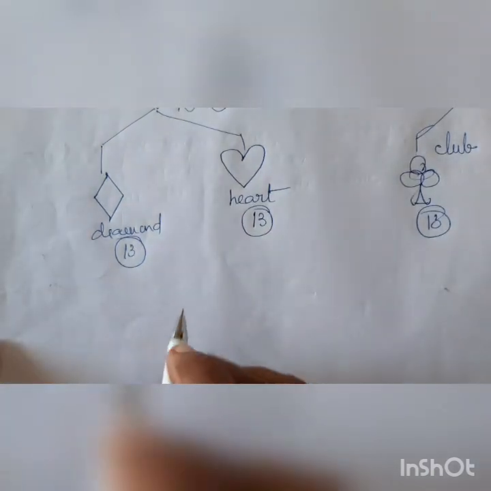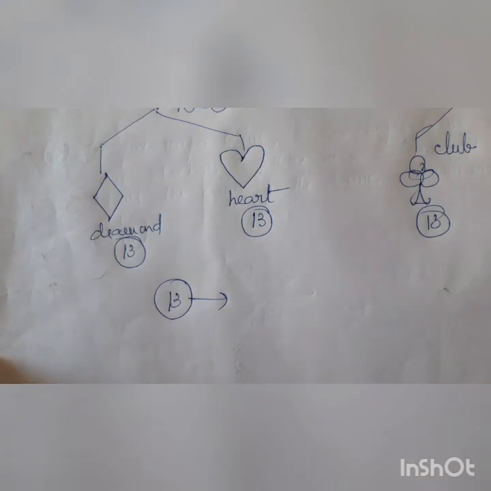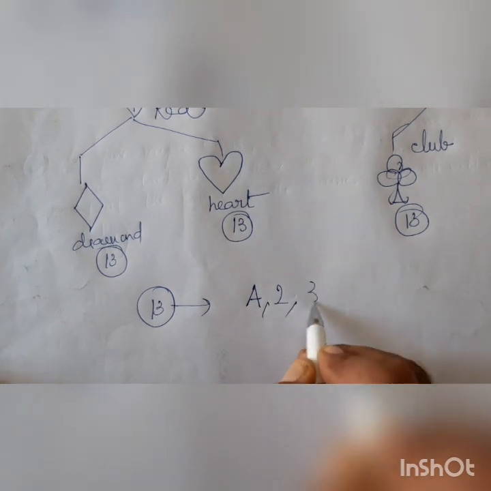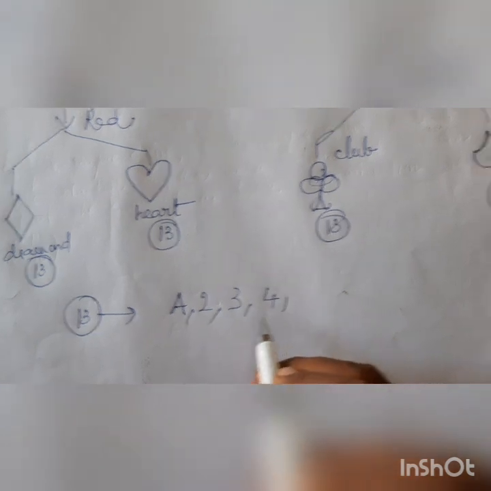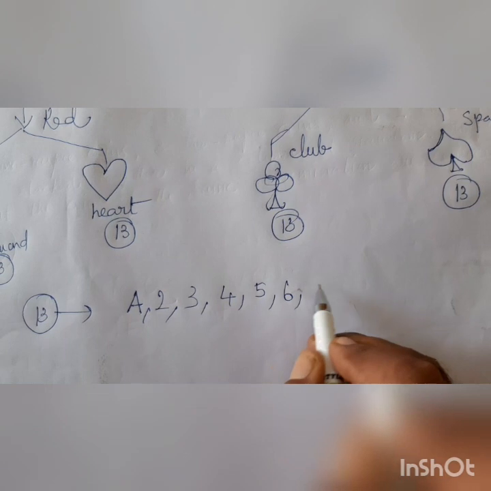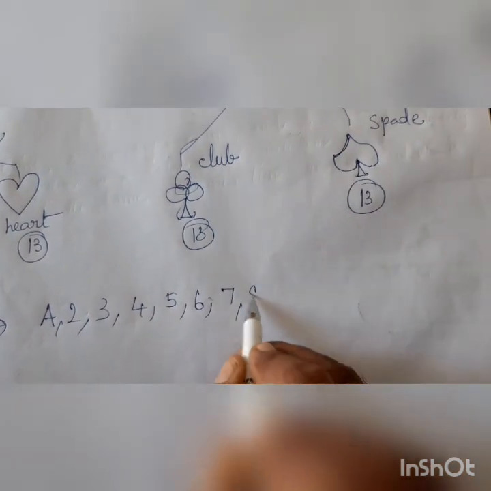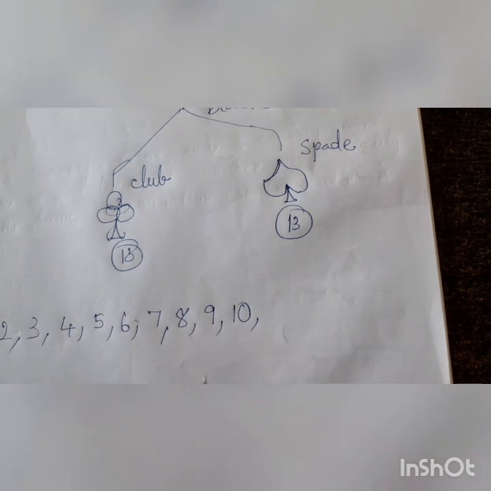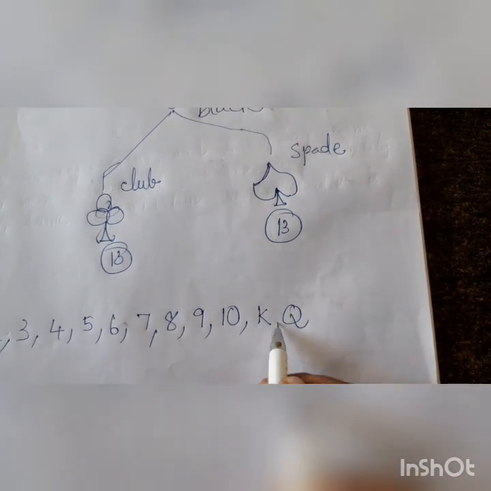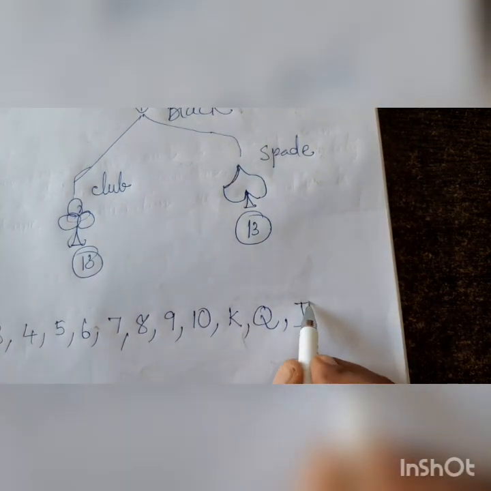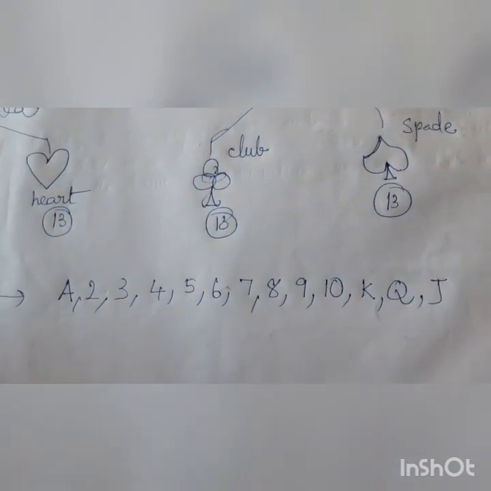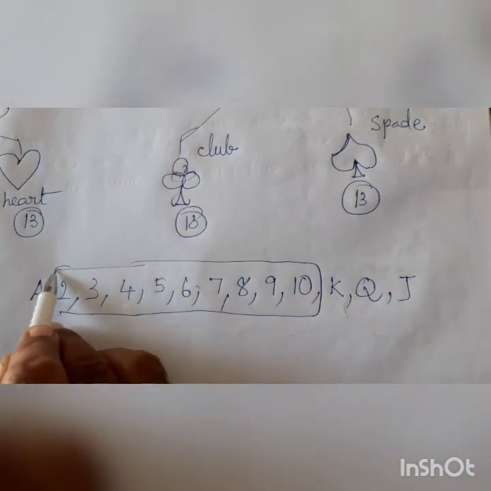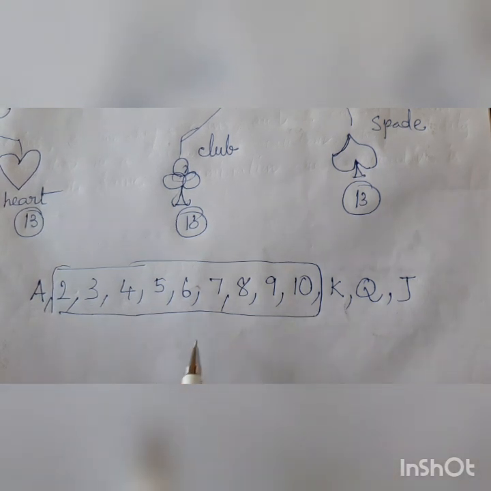And these 13 will be ace, 2, 3, 4, 5, 6, 7, 8, 9, 10, king, queen, jack or joker. You see these numbers one, two, three, 4, 5, 6, 7, 8, 9: 9 numbers.